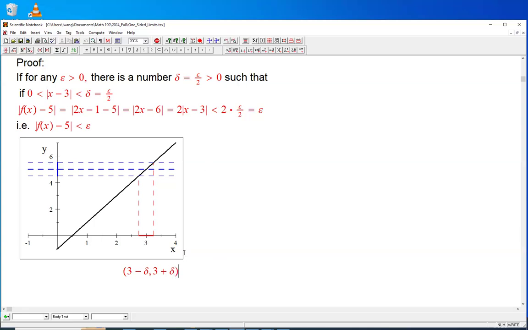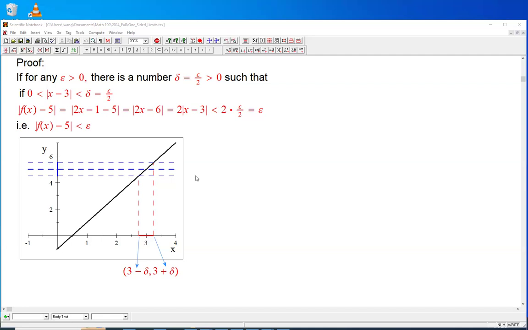So if we use our arrow to indicate that this end is that piece and that end is this piece, that's the interval where the inputs are chosen, their respective output will guarantee, okay, so this piece is L, which is 5.